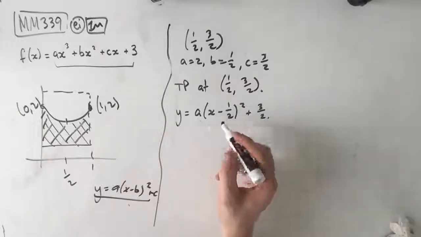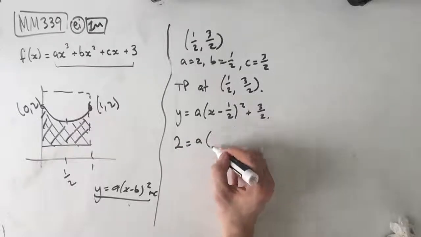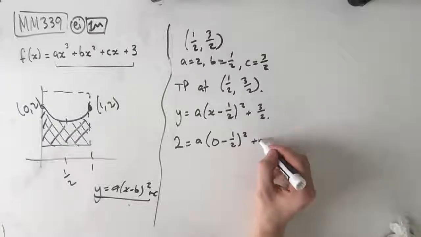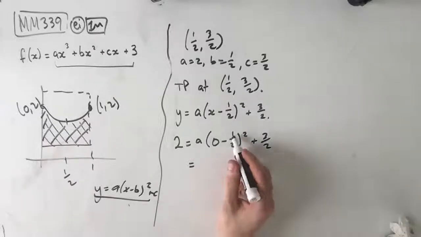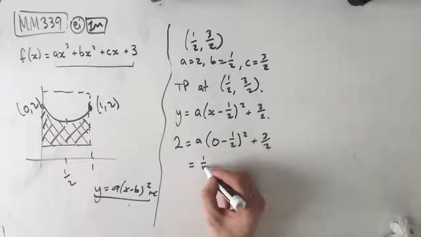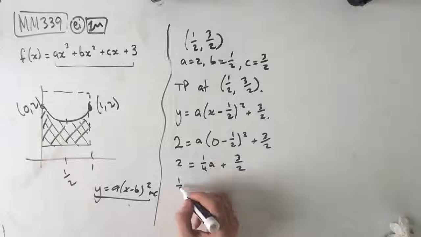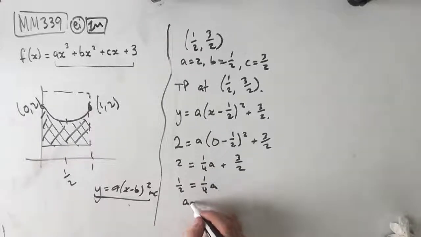Let's just sub in (0, 2), because that's probably going to be easier. So we get 2 equals a(0 − 1/2) squared plus 3/2, which means negative 1/2 squared is 1/4, so 2 equals 1/4 a plus 3/2, which means we get 1/2 equals 1/4 a, and then from here we can say that a is equal to 2.